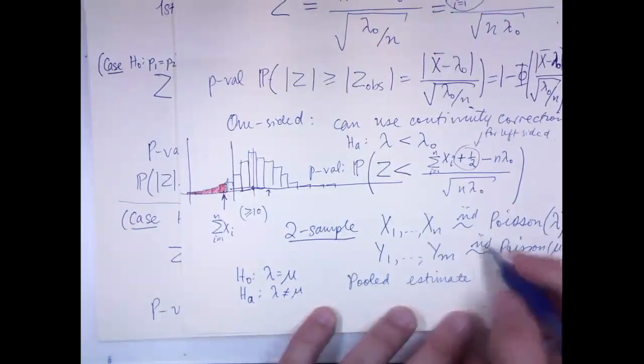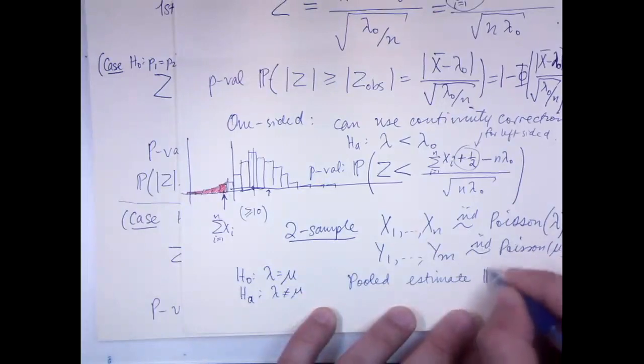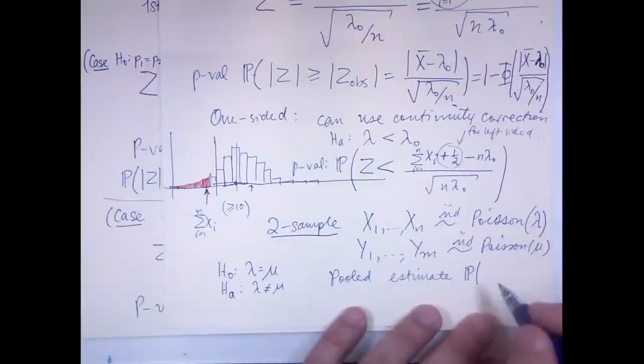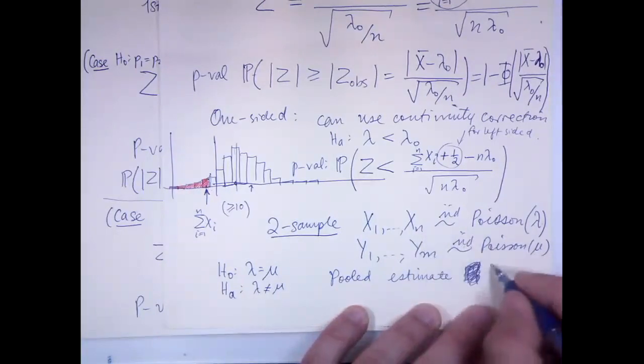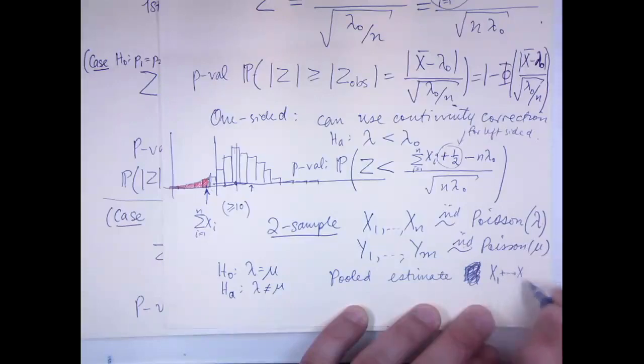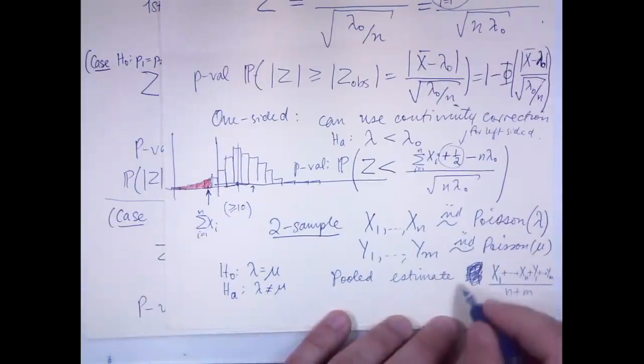So the pooled estimate would be x1 plus up to xn, plus all the yi's up to ym, and then divide by the total number of observations, n plus m. Let's call that lambda hat p, pooled lambda.